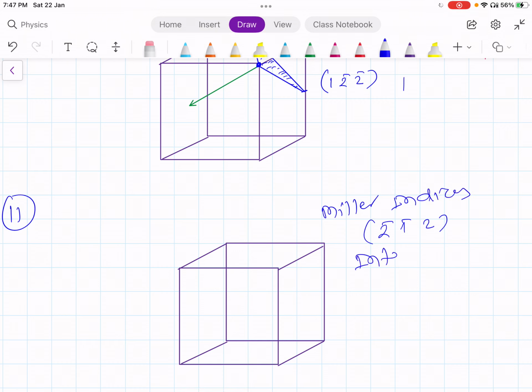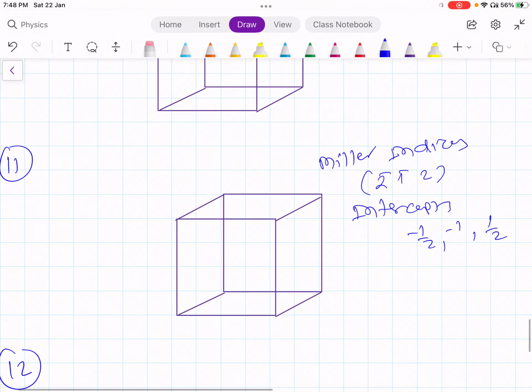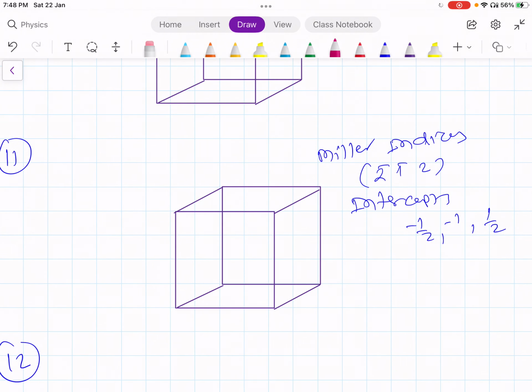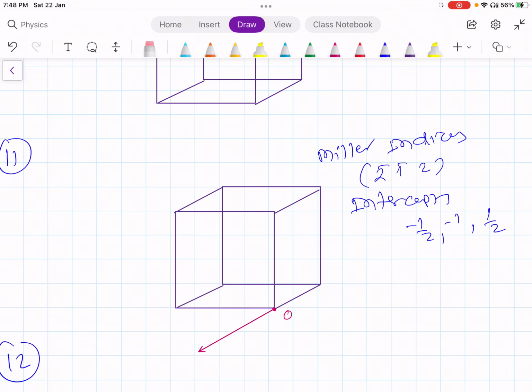So intercepts are minus half, minus 1 and plus half. So I want x and y negative and z is positive. For that you have to select this as the origin. X-axis, y and z. And intercepts are x, y and z.